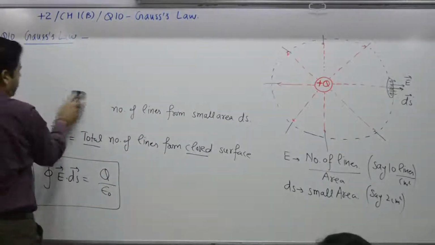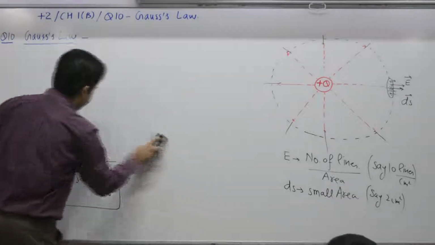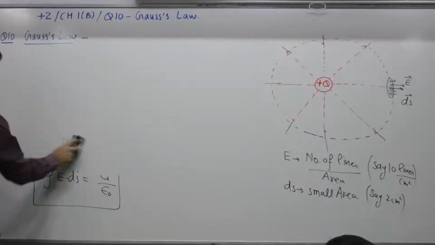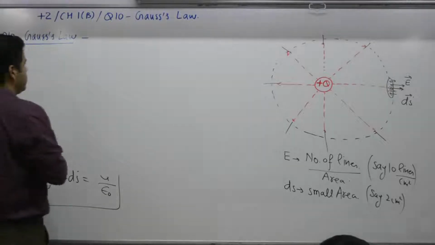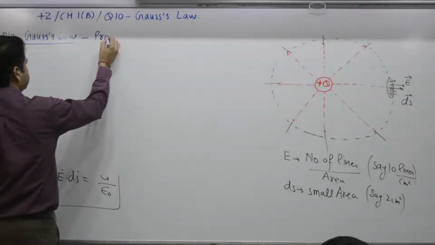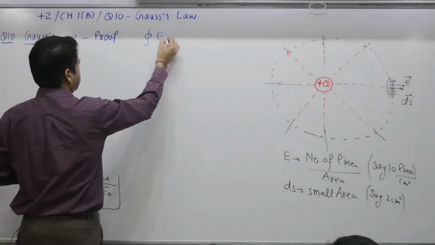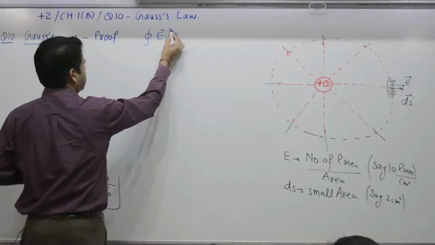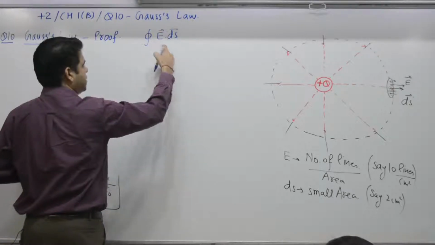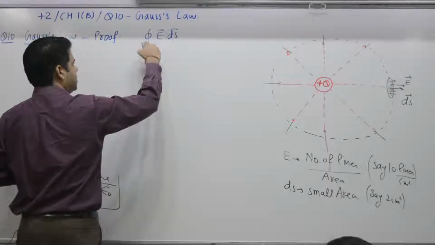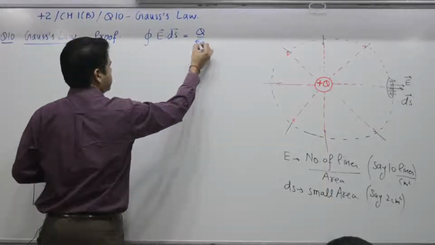Now we need to prove this. Proof of Gauss's law. What you have to prove is that the integral of E.ds, where E is the number of lines per unit area multiplied by the small area, the total lines out of the closed surface, is equal to 1 by epsilon times the charge.